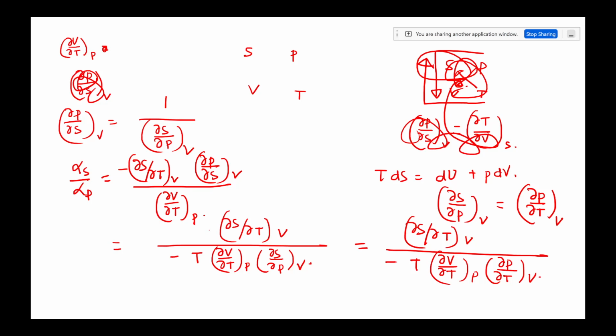So this is also T, this is T, this is CV, right? Now again, I have to add one page more.